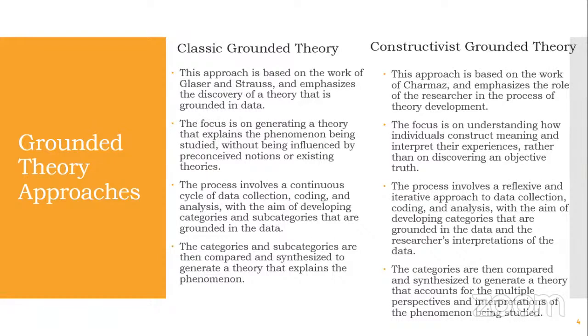In the classic grounded theory approach, we are using the categories and subcategories to develop a theory that explains a phenomenon, right? But in the constructivist grounded theory approach, we are generating a theory which is not done to explain the phenomenon itself, but to understand the multiple perspectives and interpretations of that phenomenon that exist.